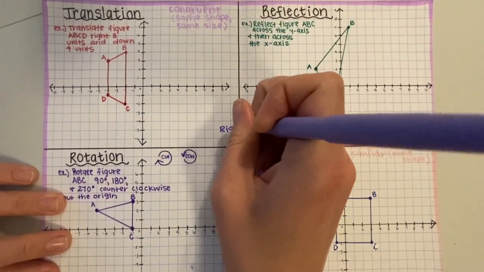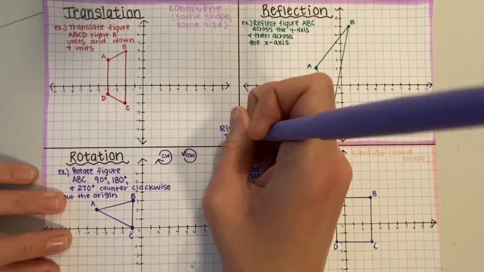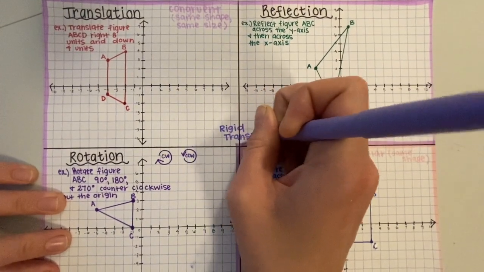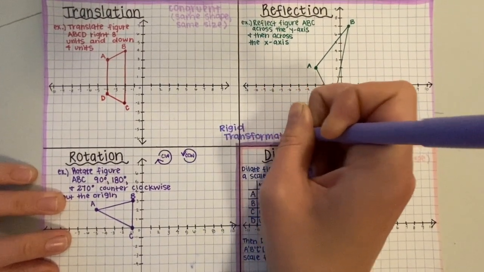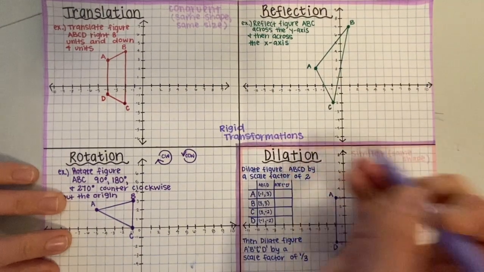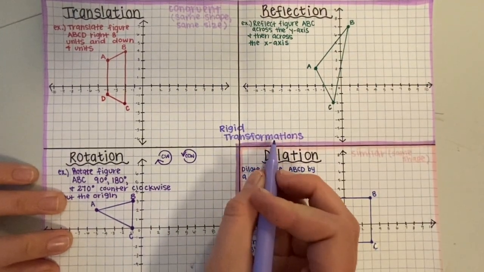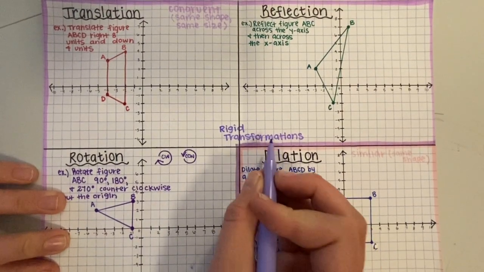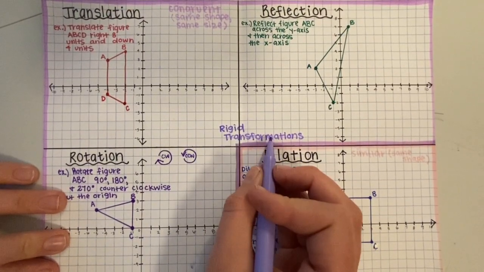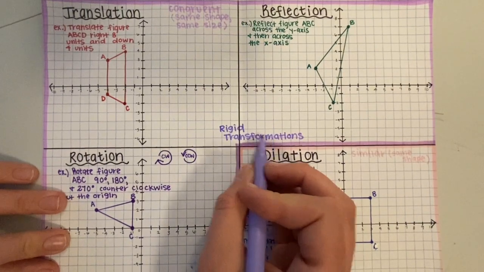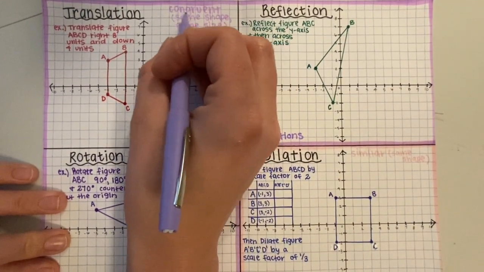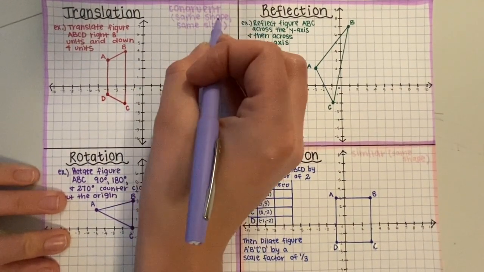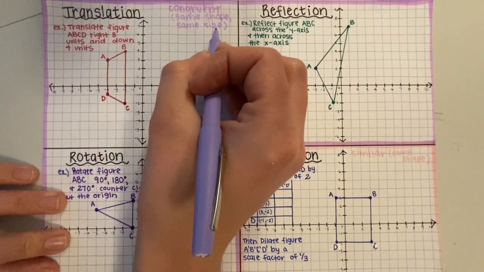Rigid transformations. And that simply means that we are looking at transformations that do not change my size or shape. So if they don't change my size or shape, we are creating figures that are congruent. So same shape, same size.